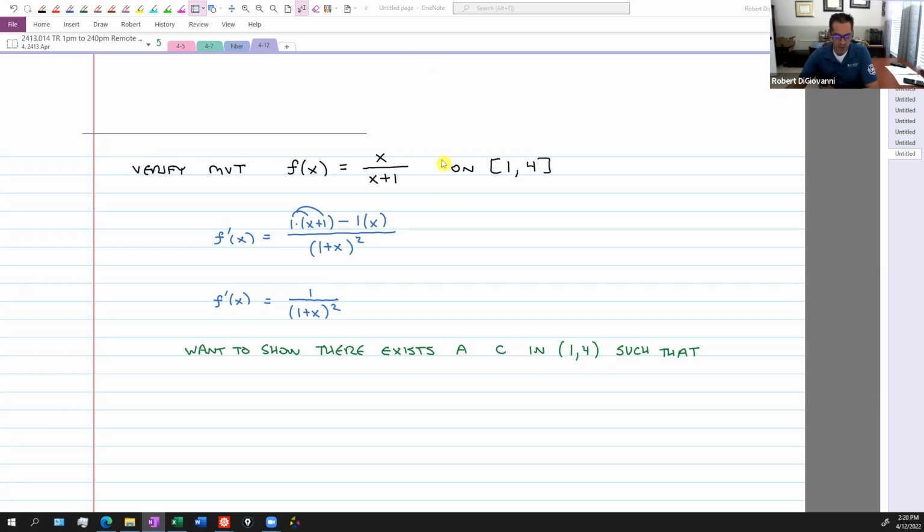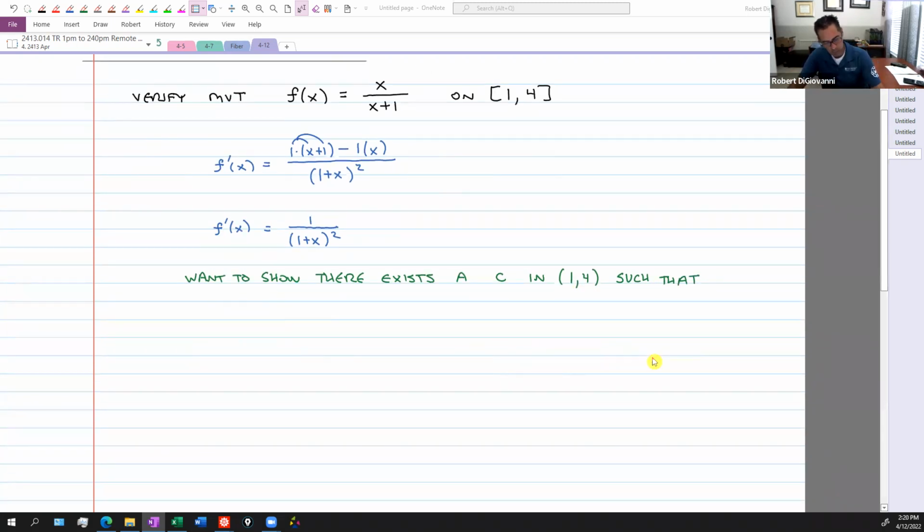So we want to show there exists a c in the interval [1, 4] such that the derivative at that point c is equal to the slope of the secant line, which for us would be f(b) minus f(a) over b minus a. That is the master formula you have to work with for every mean value theorem problem.